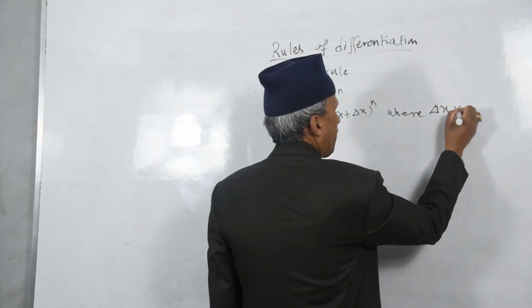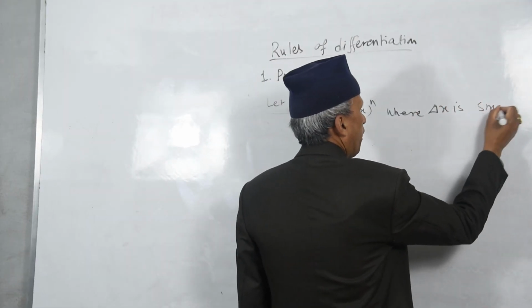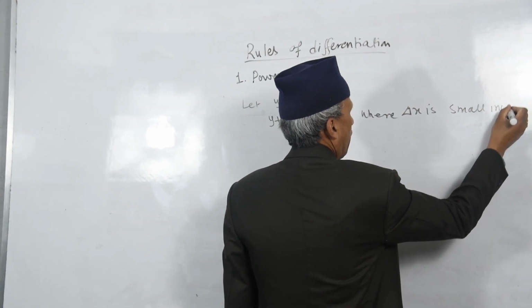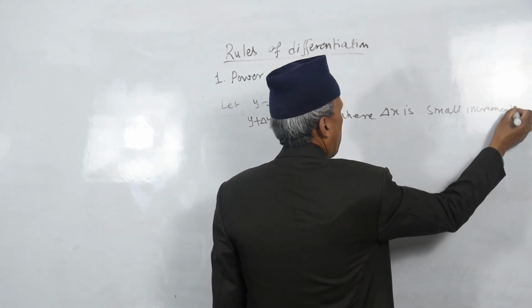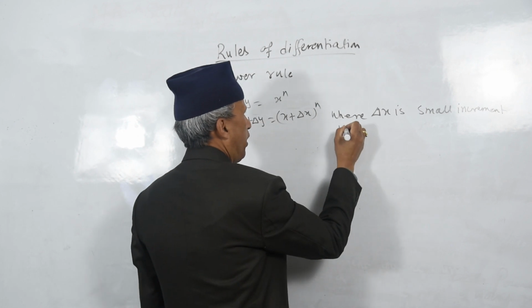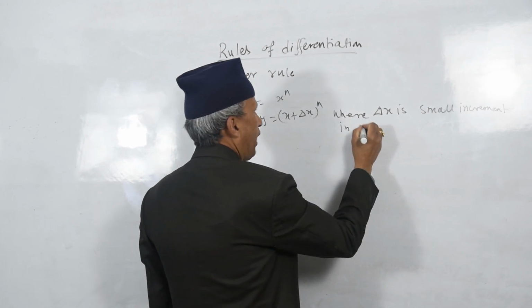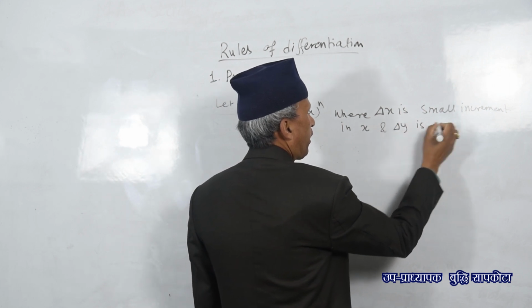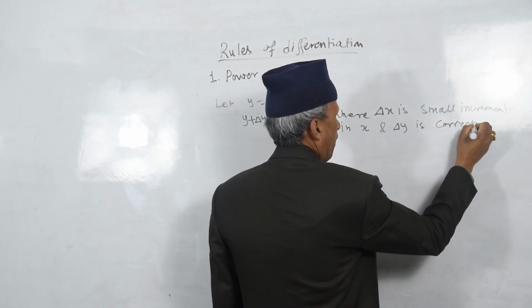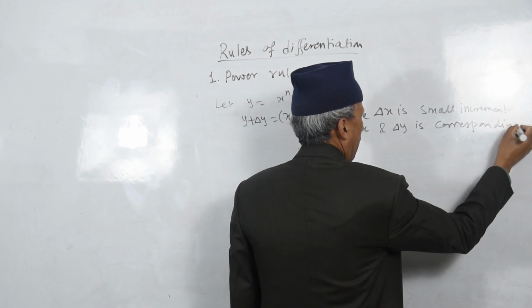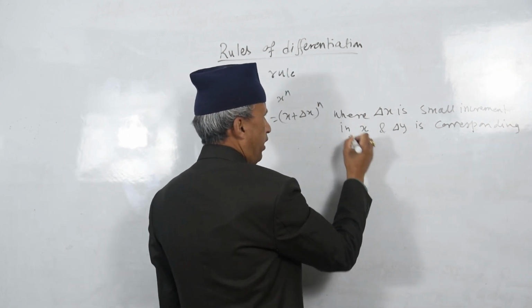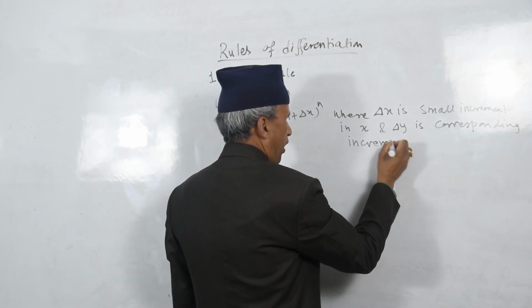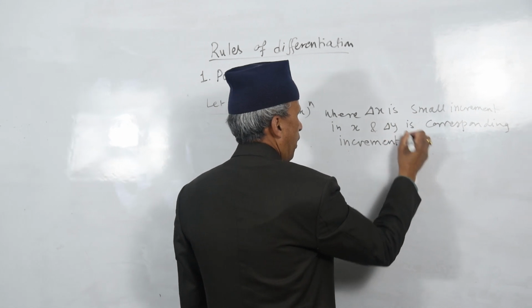Delta x is a small increment in x, and delta y is the corresponding increment in y.